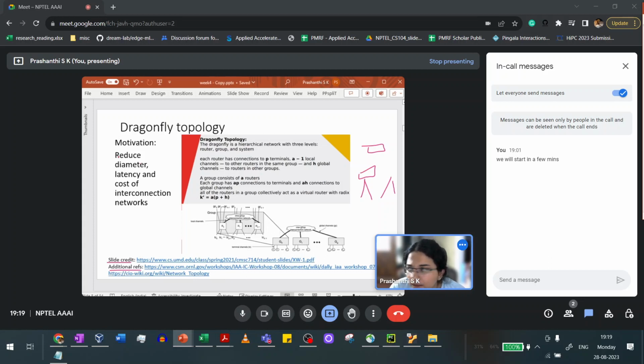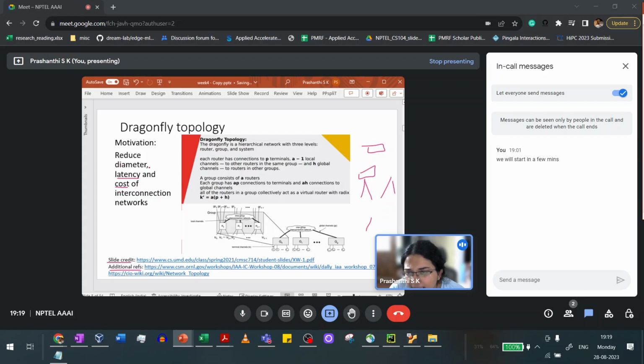At a high level, why do we need all of these topologies? Broadly, one is the performance of the interconnection network. We measure that mostly by latency, also by throughput possibly if needed. Next we would come to cost, which is directly proportional to the cable length. That's another parameter to consider.